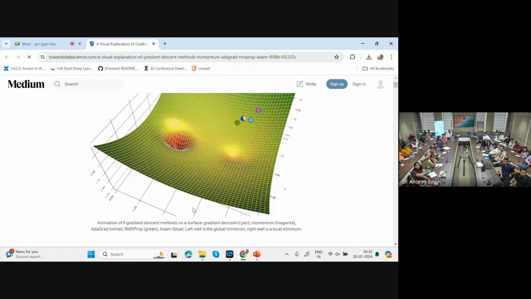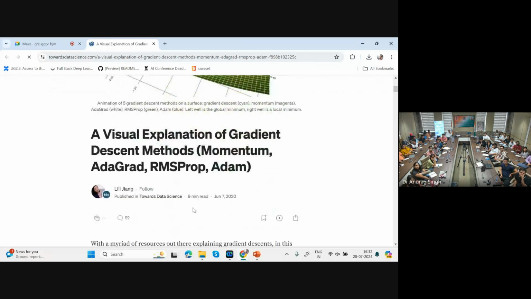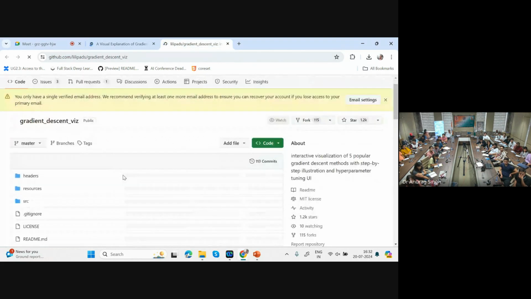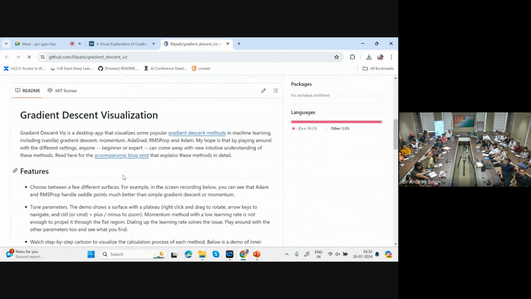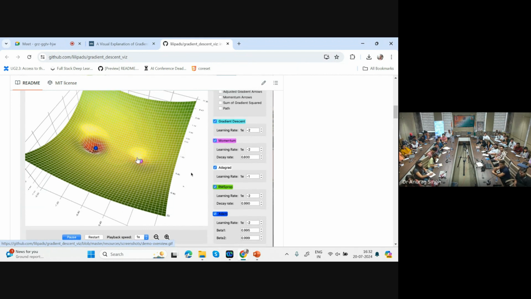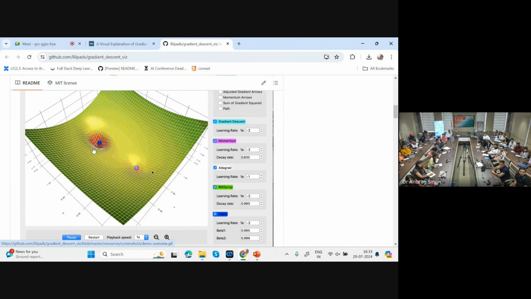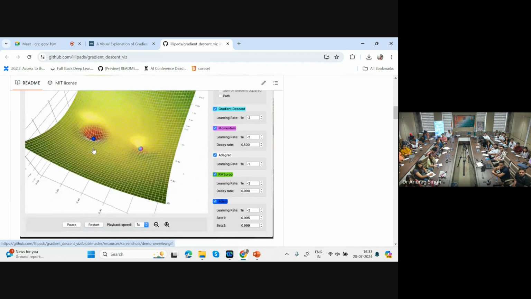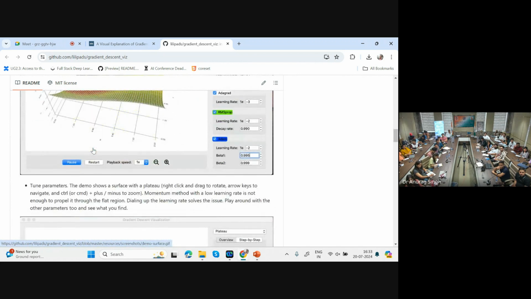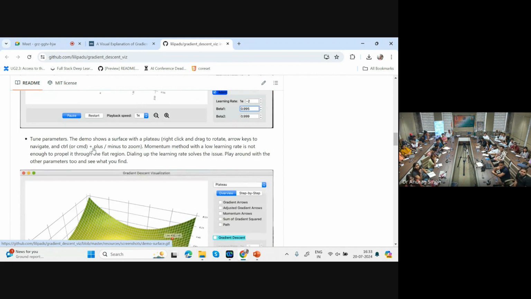Here they are showing different methods and how they behave. This is the GitHub repo of this Medium blog. So see different variants of SGD and their visualization, how they behave. Some of them get stuck at local minima, while others can move to a global minimum or possibly a better minimum. So check out these different variants of SGD and their implications, and how the tuning of these parameters affects the methods.